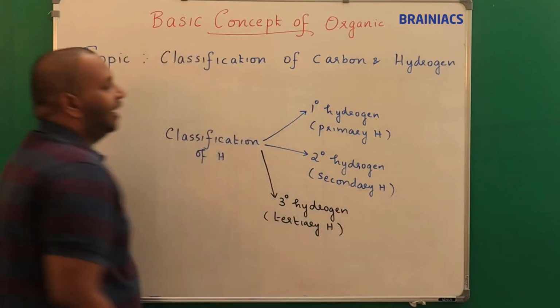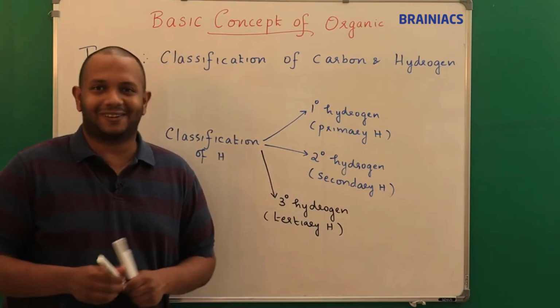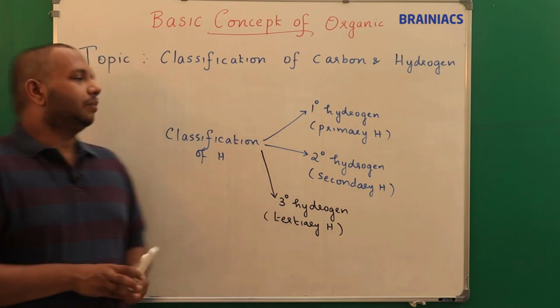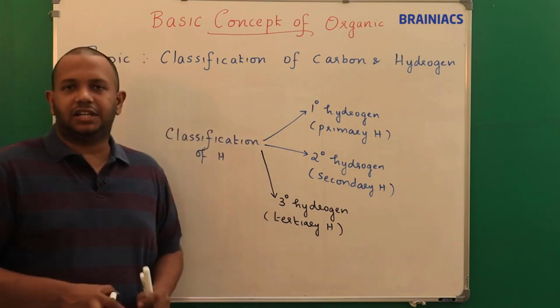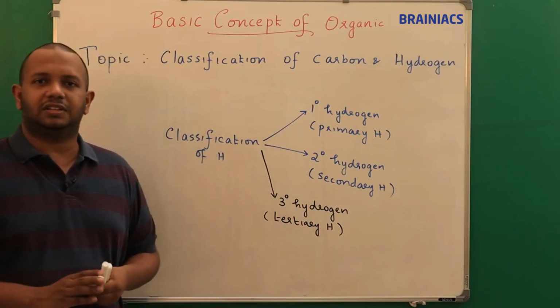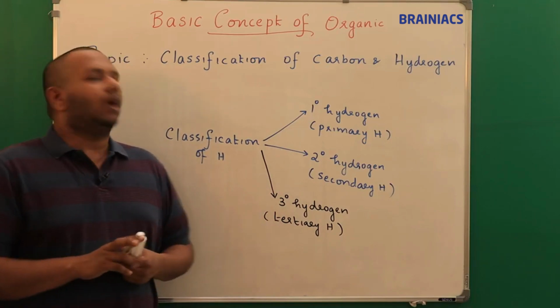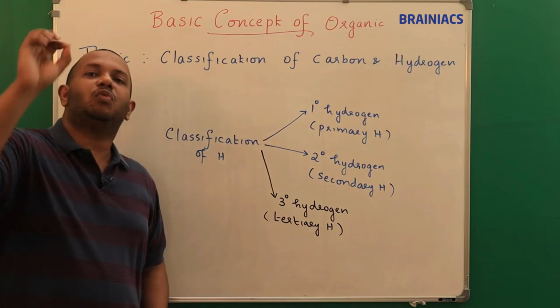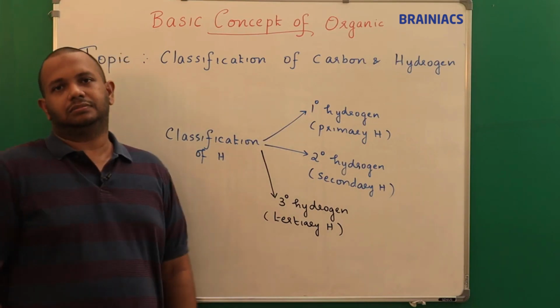Tertiary hydrogen. And I hope all of you are expecting a 4 degree hydrogen. There is no 4 degree hydrogen. I will explain the reason. Please remember, only 1 degree hydrogen, 2 degree hydrogen and 3 degree hydrogen are there. I will tell why. A 1 degree hydrogen atom is that hydrogen atom which is connected to a 1 degree carbon atom.